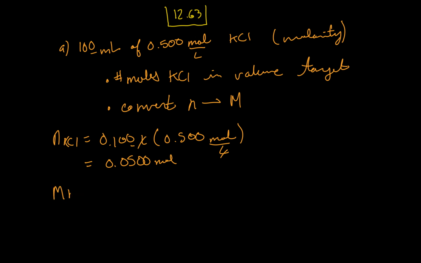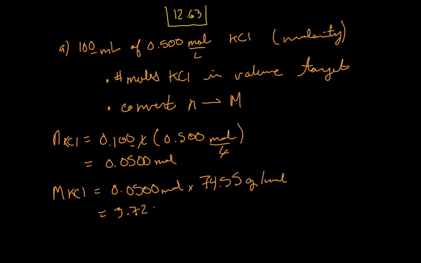Now let's find out what mass of potassium chloride this is. To get the mass, we multiply the moles by the molar mass. So 0.05 moles multiplied by the molar mass of potassium chloride, which is 74.55 grams per mole, gives us a total of 3.727 grams.